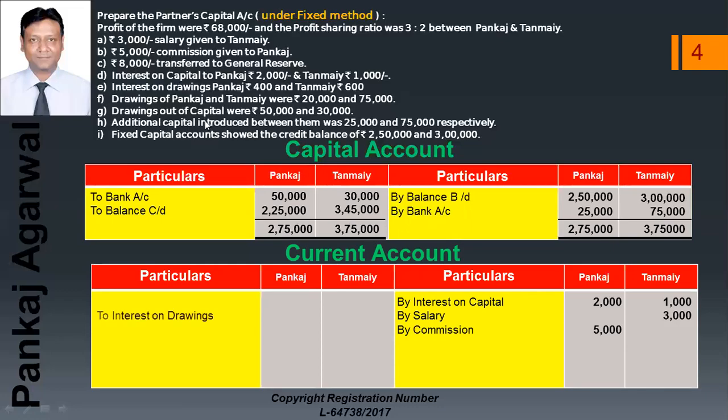Interest on capital, interest on drawings will be allowed on the debit side. Drawings will come on the debit side, and profit transfer to profit and loss appropriation, that is capital account or current account, will come to the credit side because it's the appropriation, a part of profit in the old ratio.